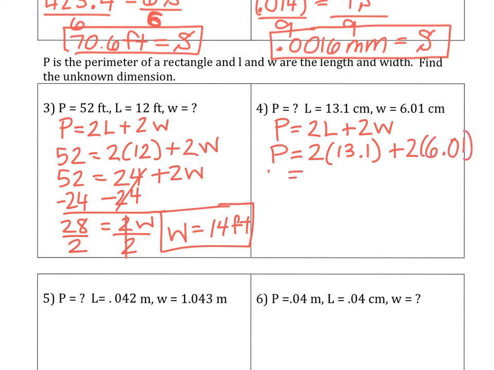So we're going to simplify. 2 times 13.1 is 26.2, and 2 times 6.01 is 12.02. We are going to add those together. We get that our perimeter is 38.22 centimeters.